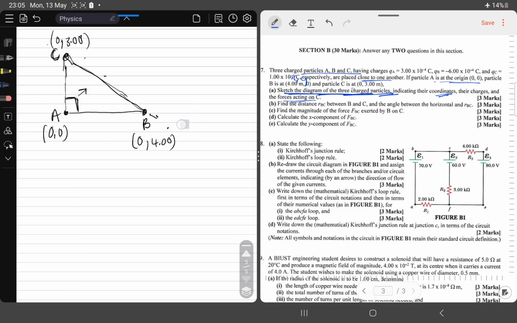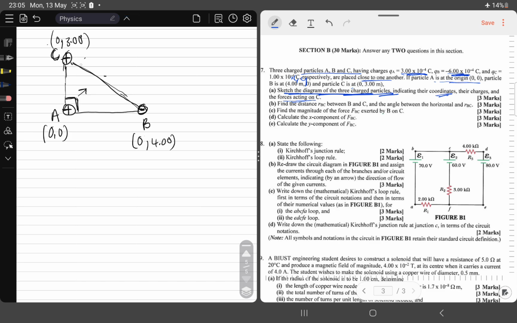I'm sorry for that. Here I see that A is positive, so for A I'm going to put a positive. Then for B I'm going to put a negative, because B is negatively charged. Its value is negative 6. And C is 1.00, which makes C positive. So they also want their charges, and I've put them: plus, plus, minus. There we go.